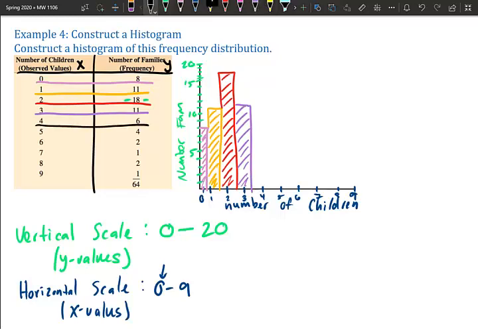Six families had 4 children. Four families had 5 children. Gonna have to start repeating colors here. 2 families had 6 children.